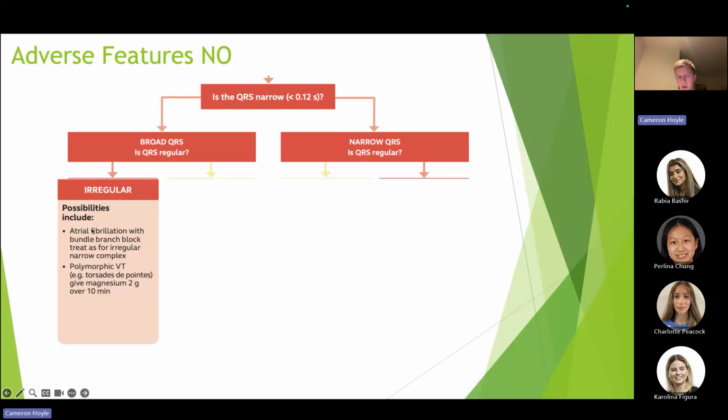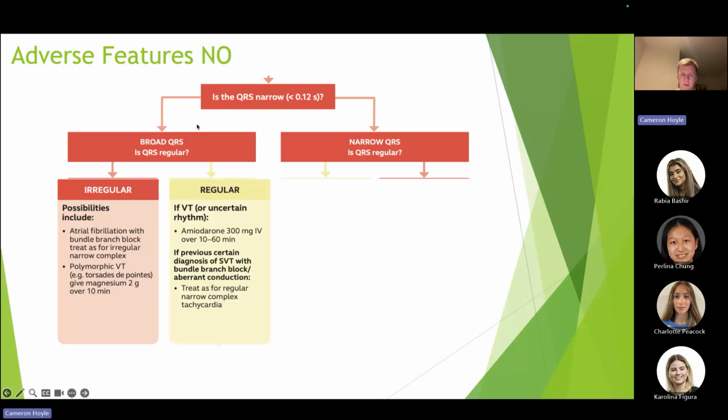If it's AF with a bundle branch block, we'll treat it as if it's a narrow complex atrial fibrillation, which will come on. If it's this polymorphic VT, we'll give some magnesium sulfate, 2 grams over 10 minutes. It's quite effective in treating torsades, is the magnesium. I'm not 100% sure why, but quite effective.